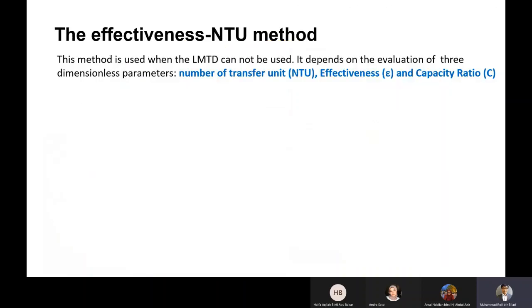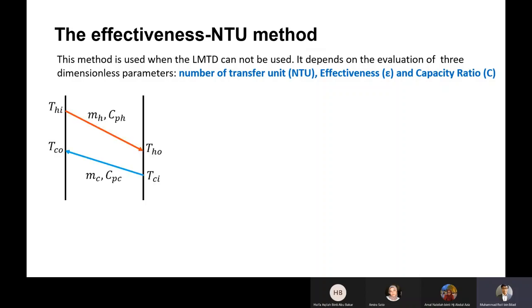That's method number 2. And for method number 3, sometimes you cannot use the LMTD method because, for example, you don't know the temperatures. So we can use the effectiveness-NTU method. In this method, there are some definitions.